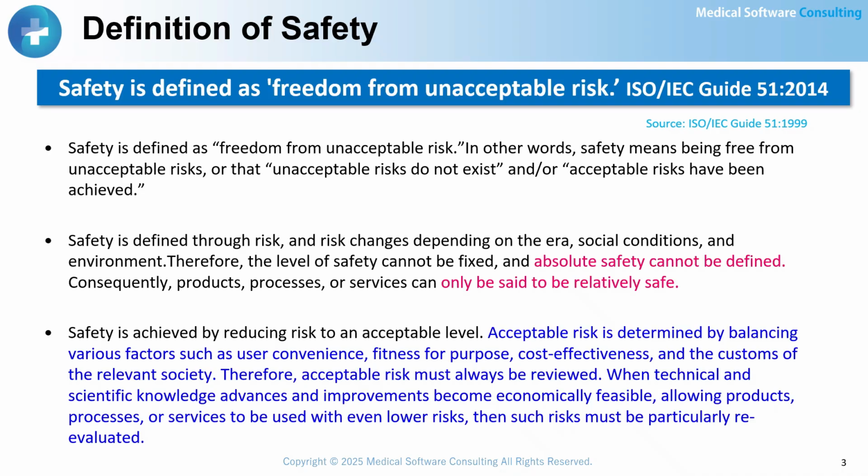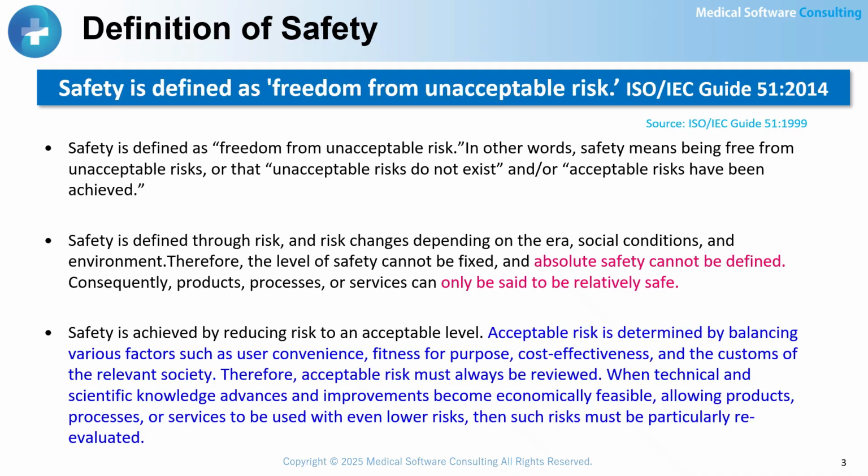It's important to understand that safety is defined through risk, and risk itself changes over time depending on society, conditions, and the environment. Because of this, the level of safety can never be fixed, and absolute safety cannot be defined. Products, processes, or services can only be described as being relatively safe.